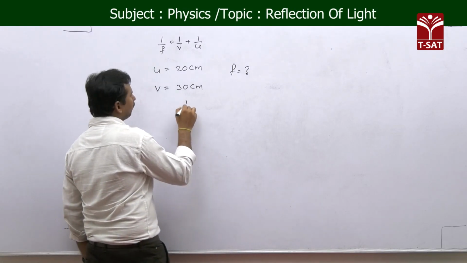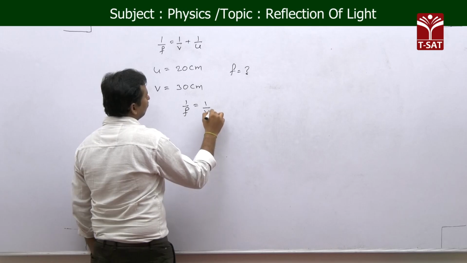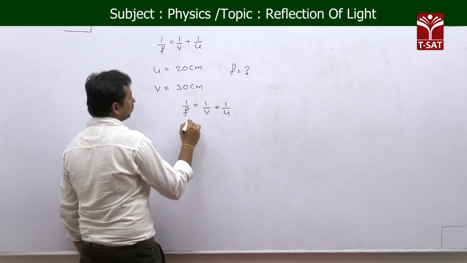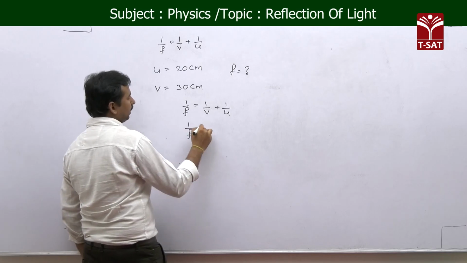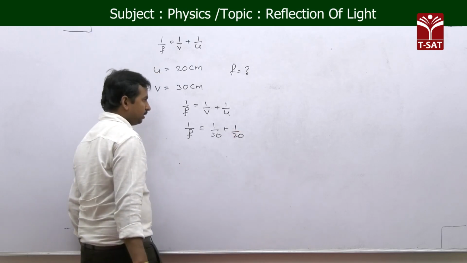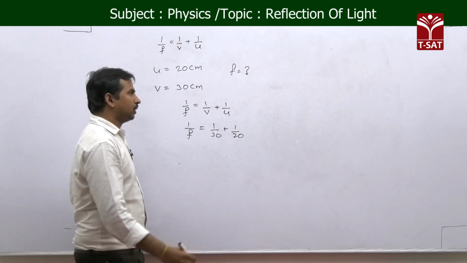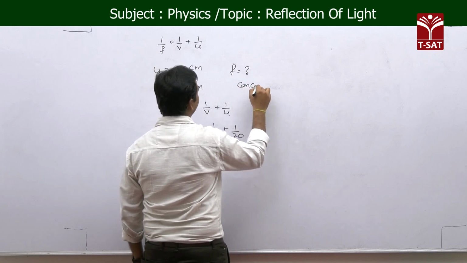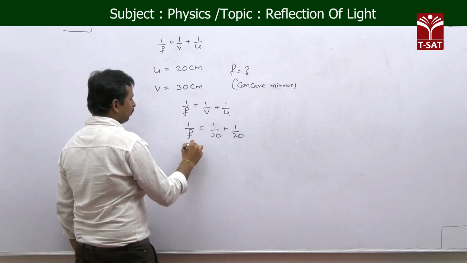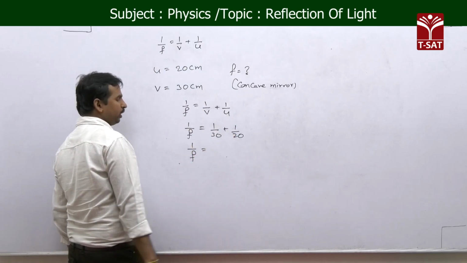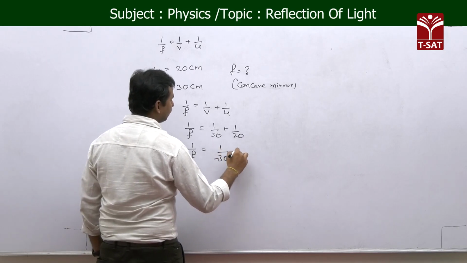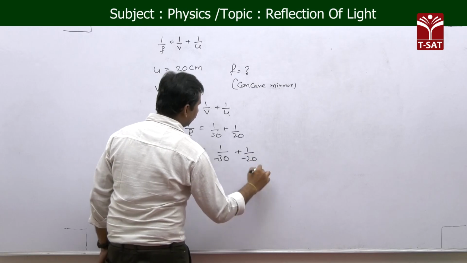Again we use the mirror formula: 1 by f is equal to 1 by v plus 1 by u. The focal length we have to find, v is given as 30, and u is given as 20. This is a concave mirror, so applying the sign convention, for the focal length, as we don't know the value, no need to apply. The image distance is minus 30, and the object distance is also minus 20.